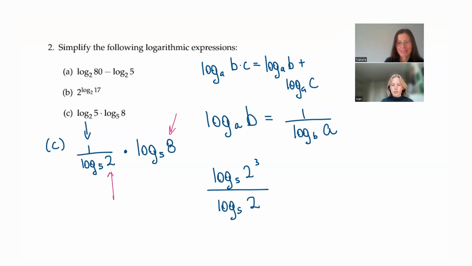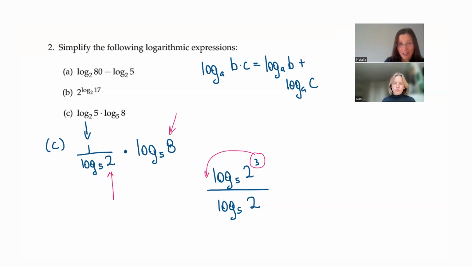Very good. But we also have the rule, which gives us the fact that log base 5 of 2 cubed is the same thing as 3 times log base 5 of 2. We can bring the exponent in front, because we know that log base A of B to the C, that exponent goes to the front, and we have log base A of B. So that's exactly what we will do here.